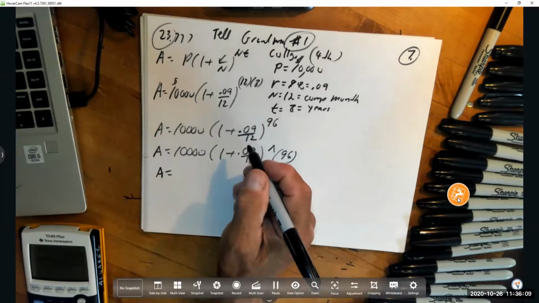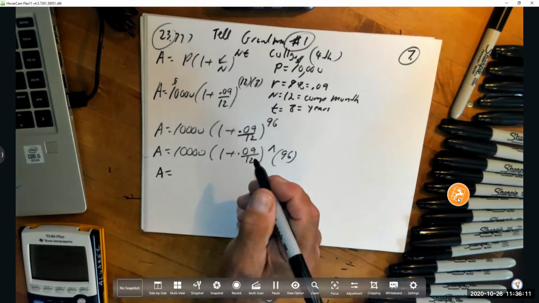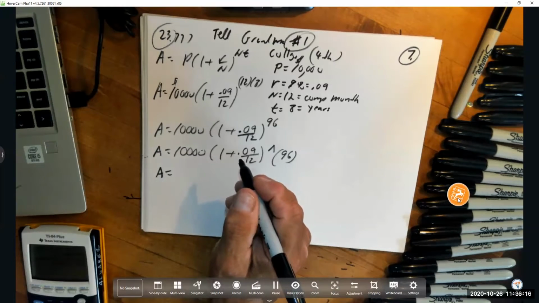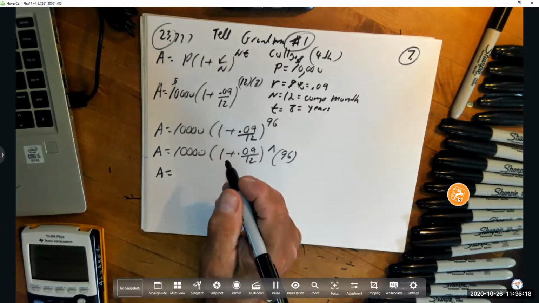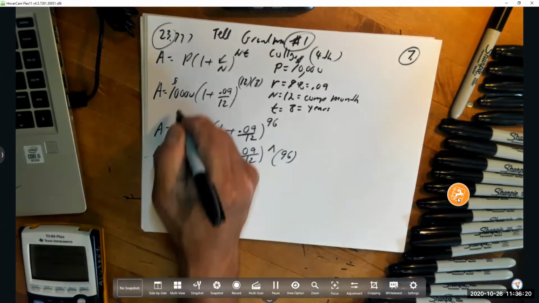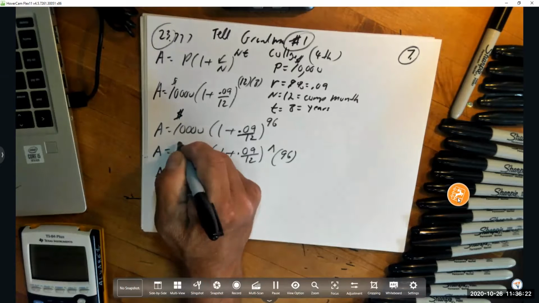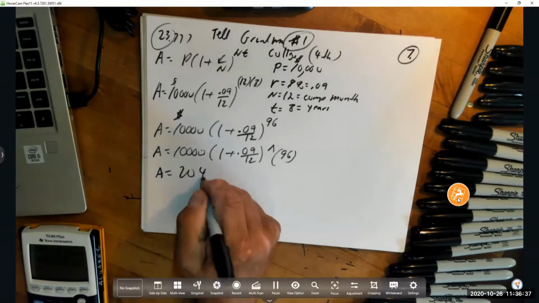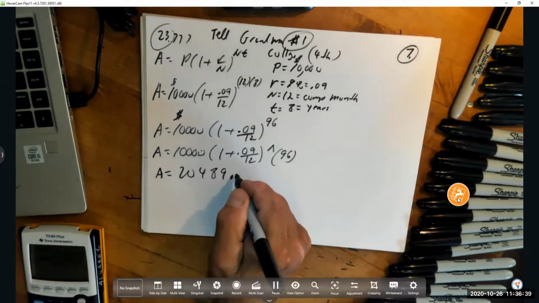So it was 10,000, but you left it in the bank account for 8 years. So how much money is in your account now? Give me a number you got. 20,489.21. Is that okay?